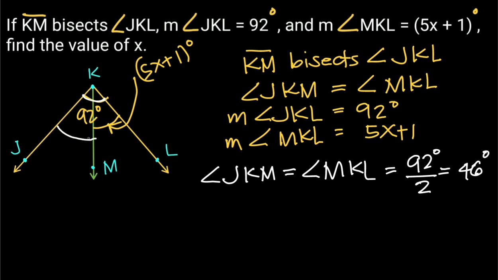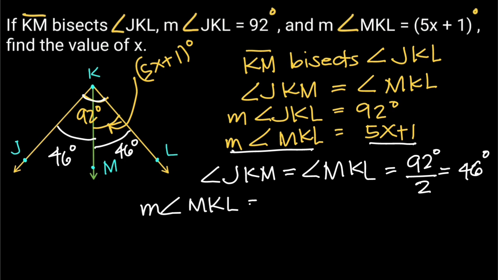So this one is 46 degrees, and this one is also 46 degrees. And it's also given here that the measure of MKL is equal to 5x plus 1. So we can just plug in the value of angle MKL. So the measure of angle MKL is equal to 5x plus 1, and angle MKL is also equal to 46 degrees. So we just plug in 46 degrees here, equals 5x plus 1.